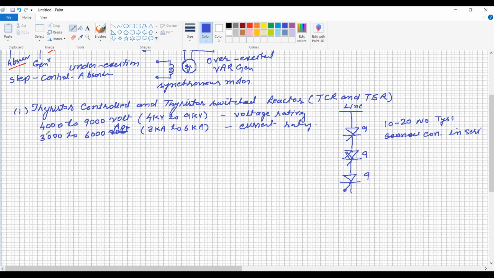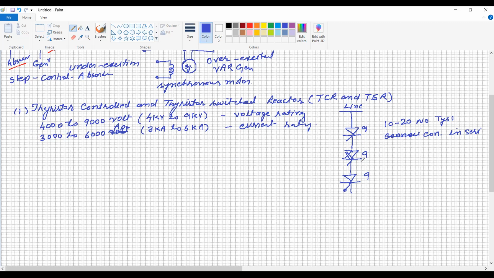Similarly, if the current capacity has to be increased, a number of thyristors are connected in parallel. So they are connected in series to increase the blocking voltage up to the required value, maybe 132 kV or 400 kV, and to increase the current handling capacity, the power semiconductor thyristors are connected in parallel.